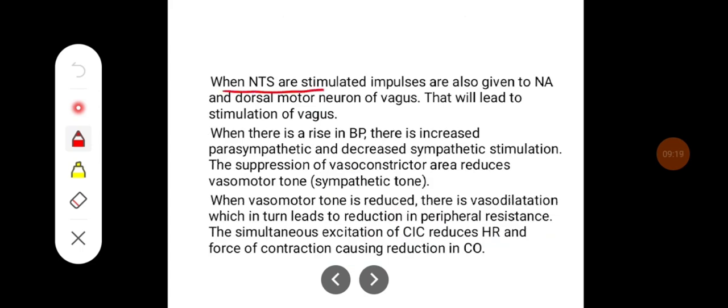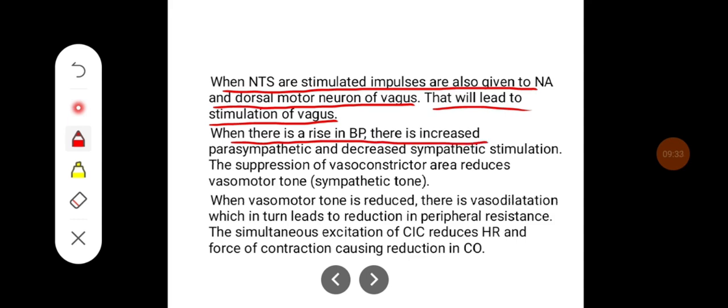When NTS is stimulated, the impulses are also given to nucleus ambiguus and dorsal motor neuron of vagus. So that will lead to stimulation of vagus. When there is a rise in BP, there is increased parasympathetic and decreased sympathetic stimulation.